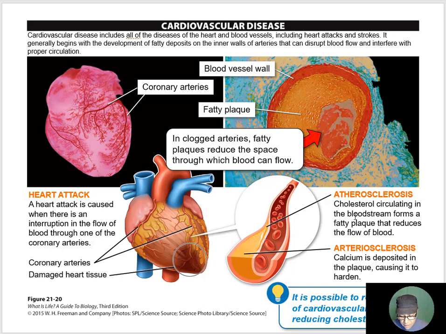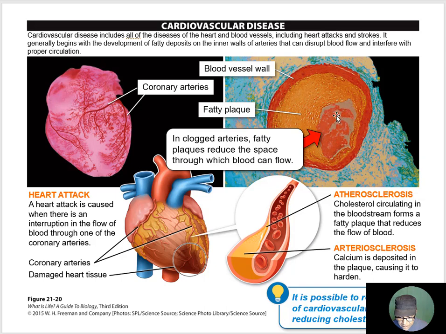So calcium plaques, cholesterol plaques. And you can see another look as we take a slice through one of those vessels, and we can see this is the section where the blood is flowing through, right? This is the vessel wall here.